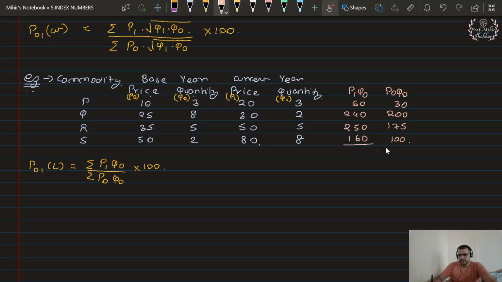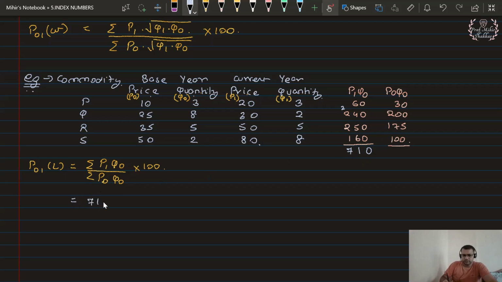Now I need to take the total of just these two columns for the Laspeyres index number. So let us add. These values over here are zeros. 6 and 4 is 10, 10 and 5 is 15, 15 and 6 is 21. 2 plus 2 is 4, 4 plus 2 is 6, 6 plus 1 is 7. So I get the numerator value as 710.